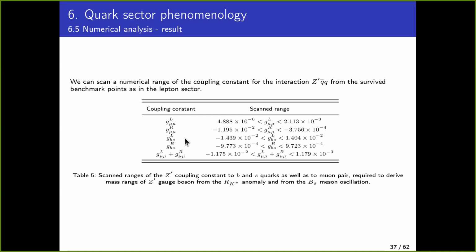And then this is the scanned left-handed, prime, and right-handed for the other flavor, and this is the same. Here these two are newly added. One of them runs from 10 to the minus 2 to similarly 10 to the minus 2. Their magnitude is very similar, but with different signs. Similarly, the right-handed coupling is much more suppressed compared to its left-handed interactions.